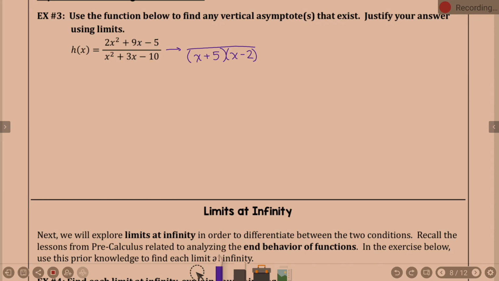I would factor the denominator earlier rather than later, just because that can help. It won't always, but it can.